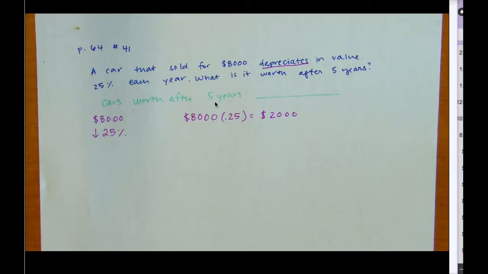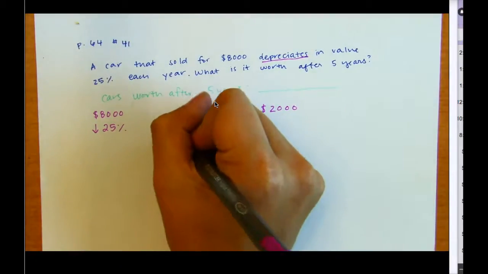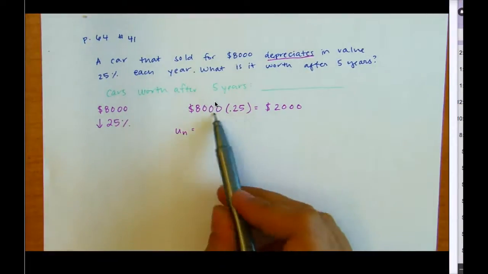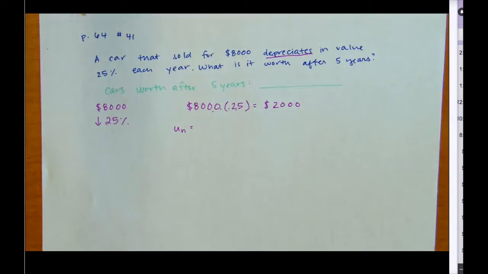So think of something else that I could try. I'm going to give you a hint. In the end, I should have a sequence. Maybe you recognize that this would be geometric since I multiply my percents.